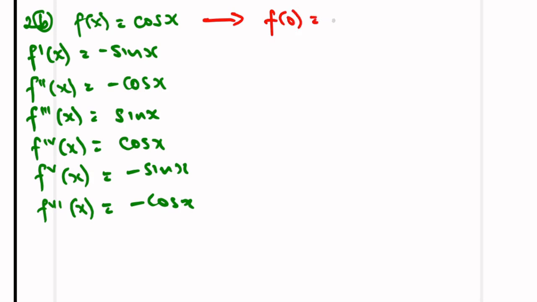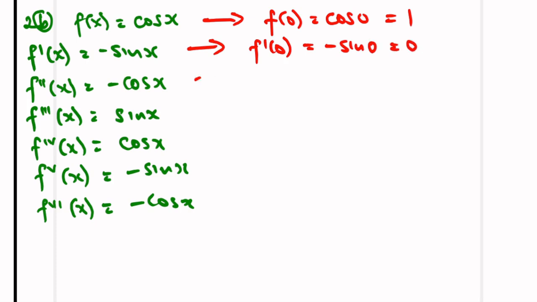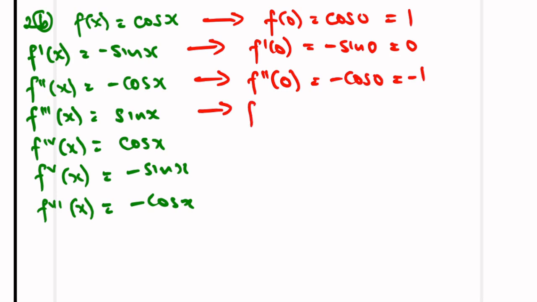F of 0 is equal to cos 0 equal to 1. F prime of 0 is equal to negative sine 0 equal to 0. F prime prime of 0 is equal to negative cos 0, which is minus 1. F prime prime prime of 0 is equal to sine 0, which is equal to 0.